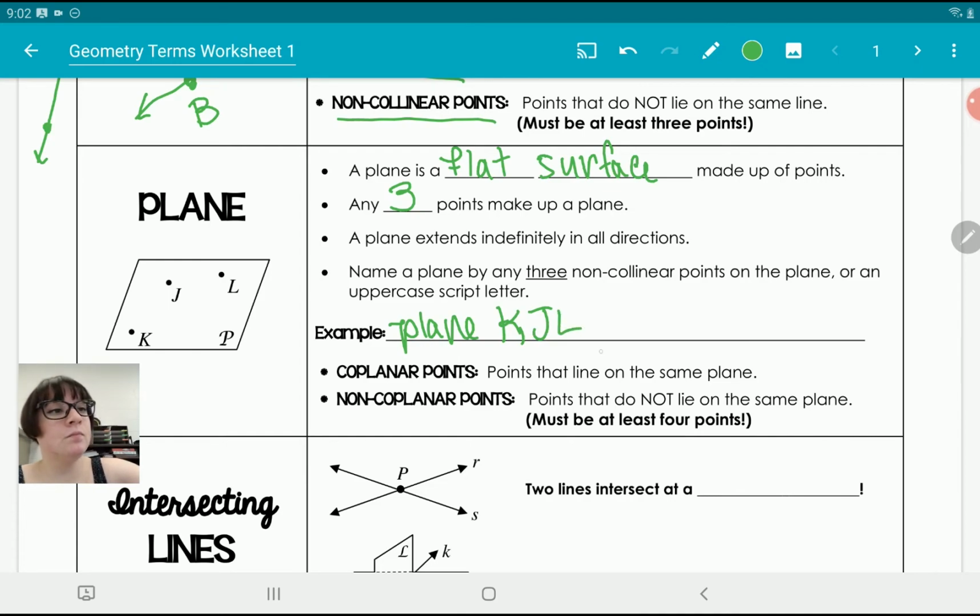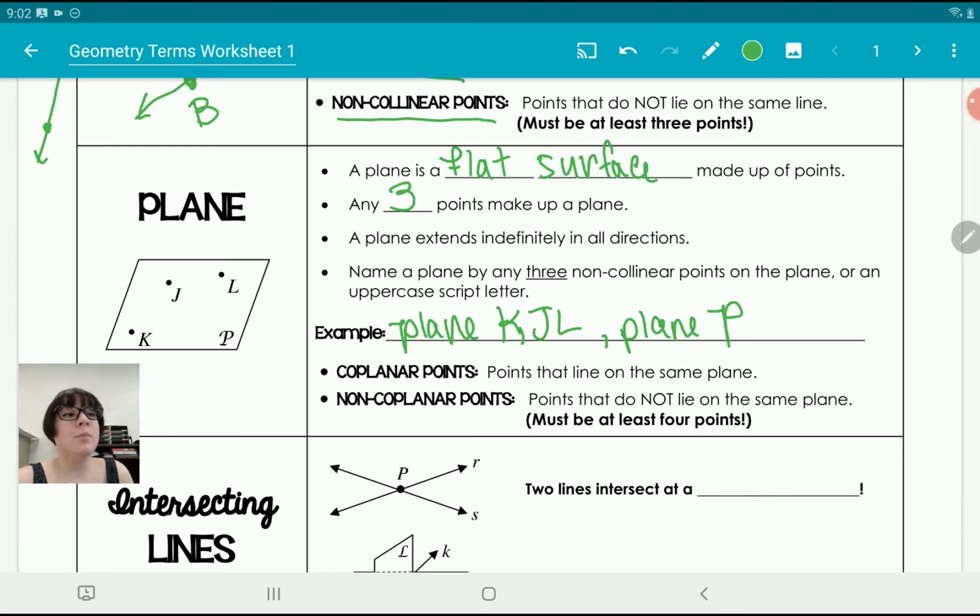And then we can also label it using the script P in the corner and just say plane P. That looks more like an R. Plane P.